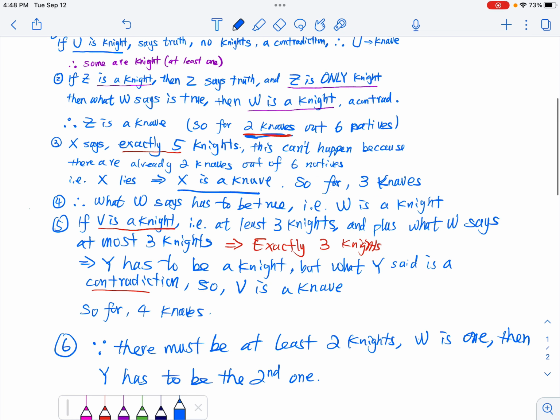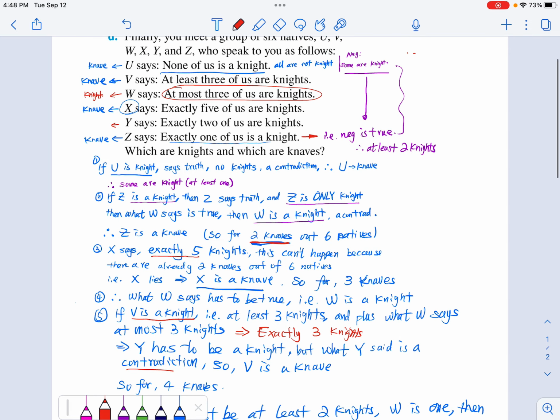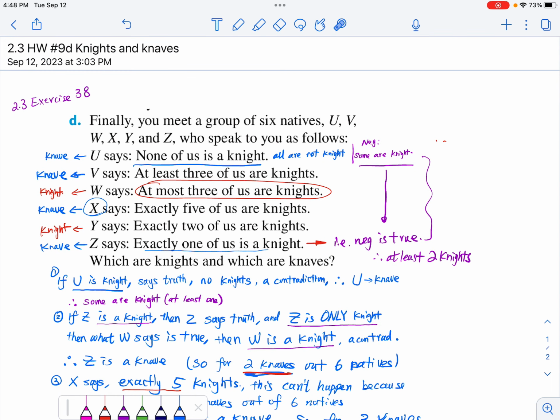Sorry, my writing is not nice. And then let's take a look at what Y says. Exactly 2 of us are knights. So what he says is true. It's consistent, right? So therefore, Y has to be a knight. So we solved this problem. By the way, not the best organization. The purpose is to walk you through how logic can be used to solve a problem that's almost impossible to solve if we do not know the logic.